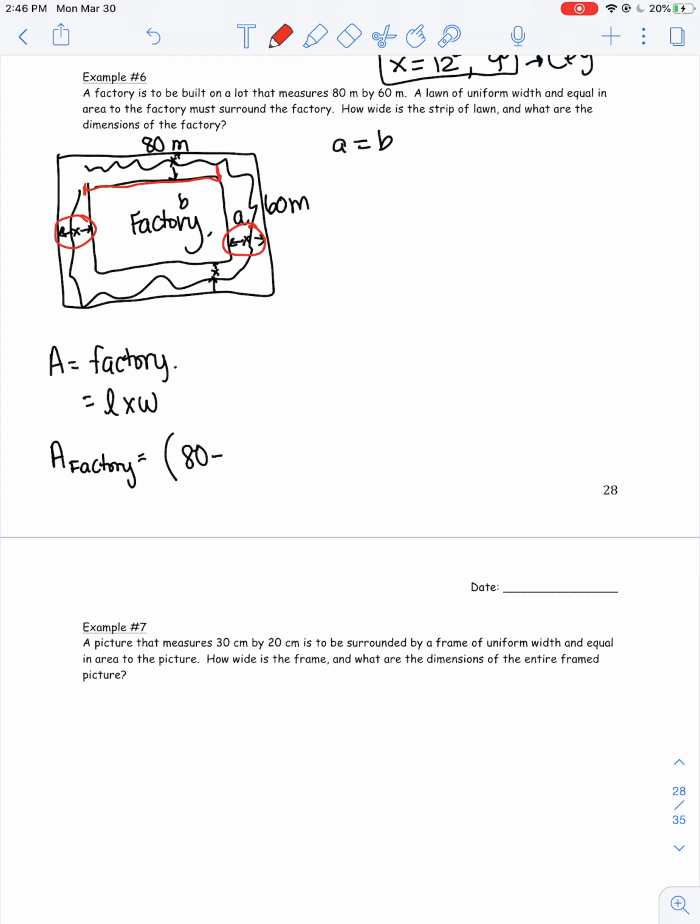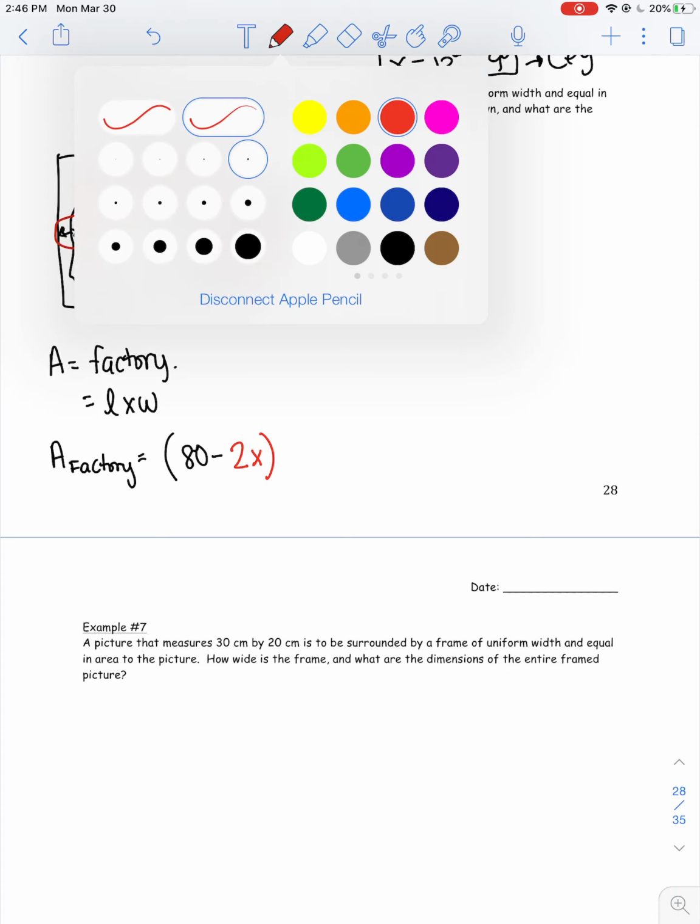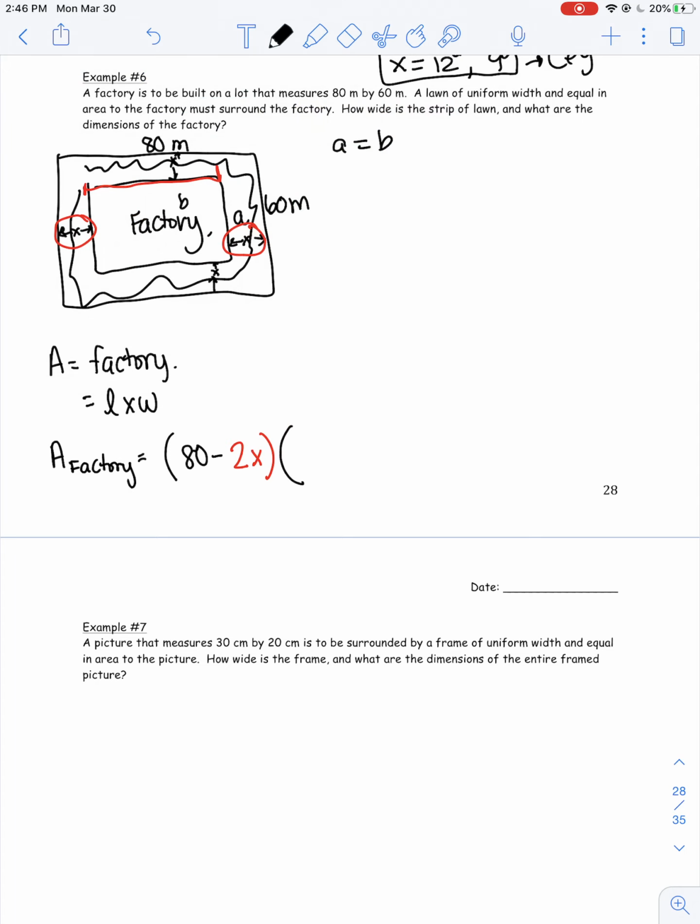So from 80, take off this X and this X to get the dimensions from here to here. So that's going to be subtract 2 X's. Now we're going to do the same thing for the width. We have 60, and again, we are taking off this and this from that 60. So 2 X's are also being subtracted from the 60.